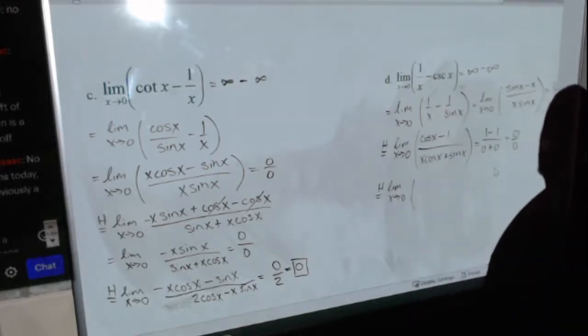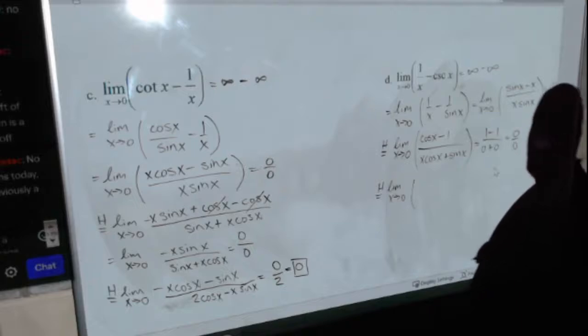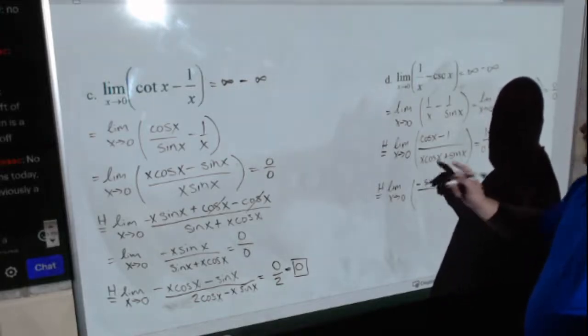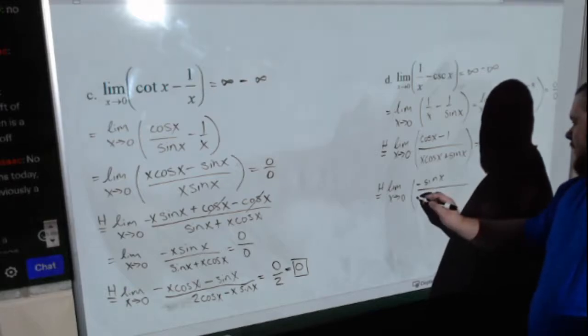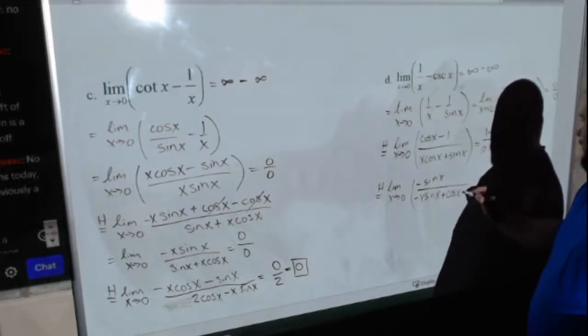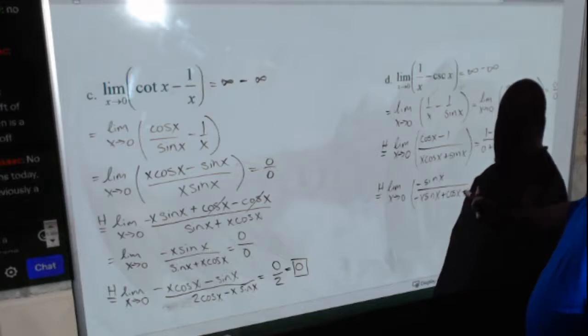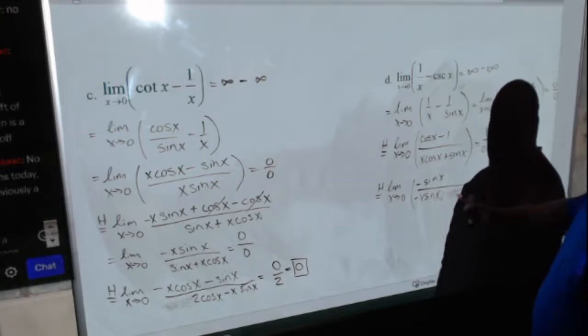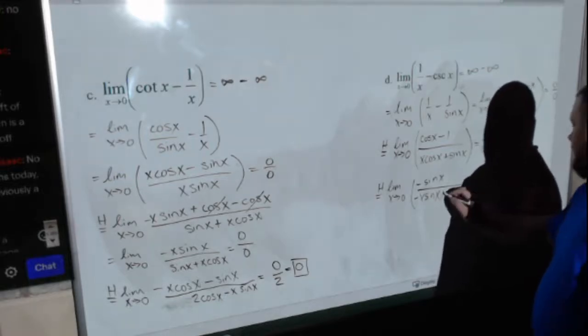Alright, cosine x, derivative is going to be minus the sine. And on the bottom, this is going to give me another cosine, so I'm just going to make this plus 2 cosine.